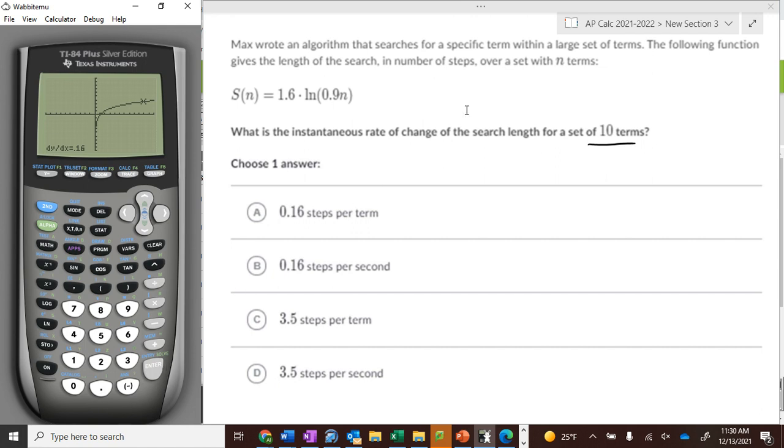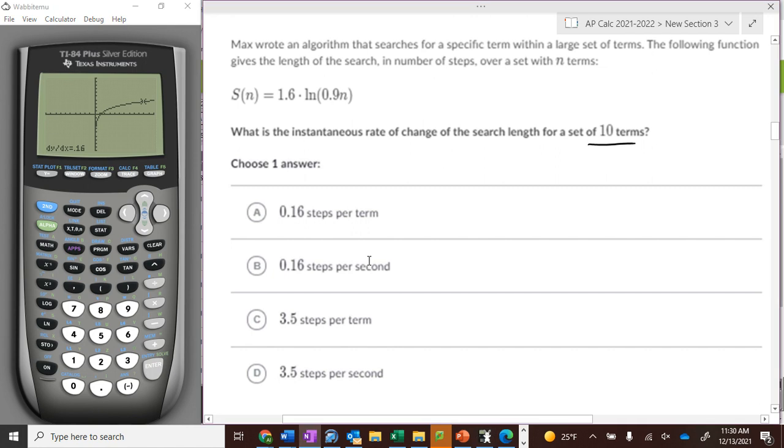Okay, now it's talking about terms. Steps per term or steps per second. Search the number of steps. Instantaneous rate of change would be the steps per second.